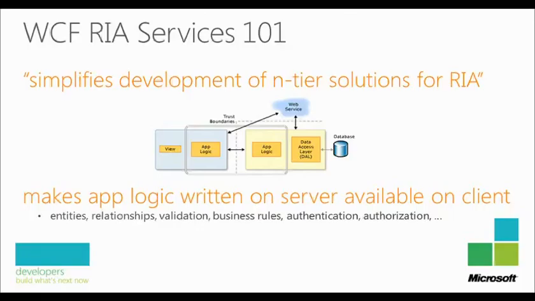And the third reason, more and more important these days, you can expose the services you write for all kinds of technologies. A domain service, which is what you use in RIA services, can be exposed through a SOAP endpoint, through a JSON endpoint for REST, through an OData endpoint.